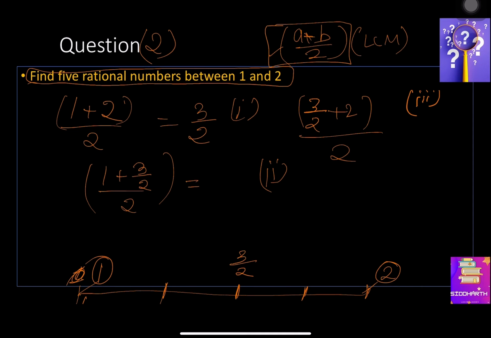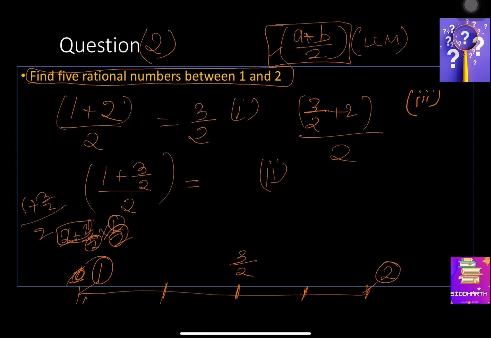Okay, let's solve it one by one. 1 plus 3 by 2 by 2 is nothing but 1 plus 3 by 2 into 1 by 2. So this will become 2 plus 3 by 4, which is 5 by 4.